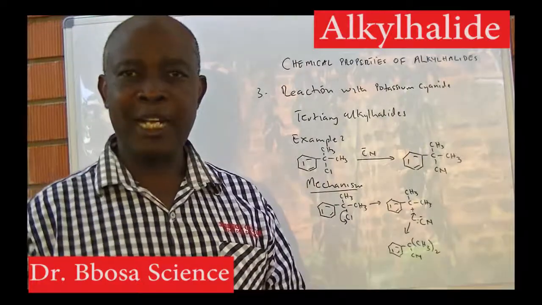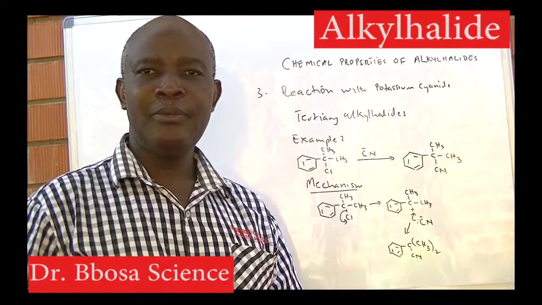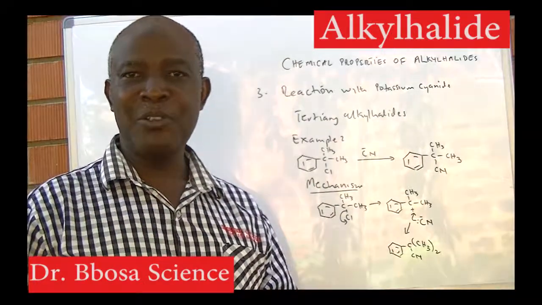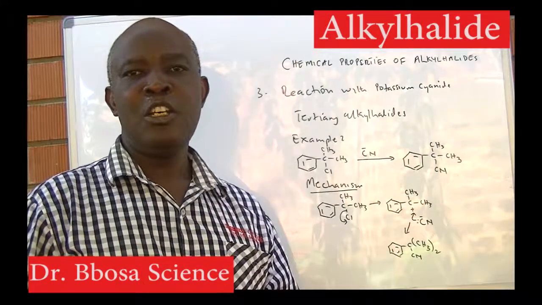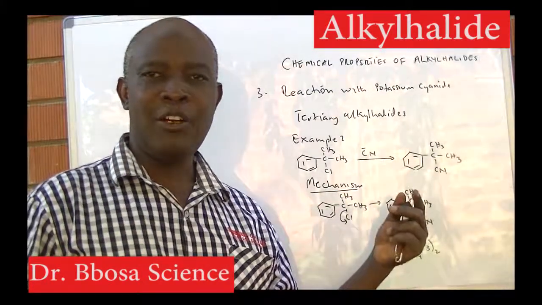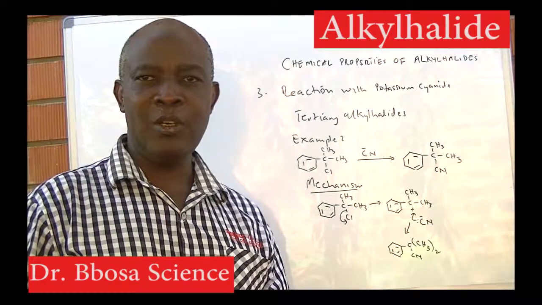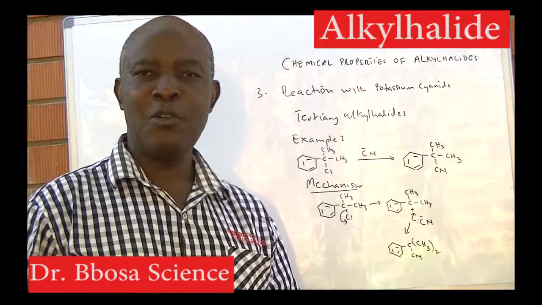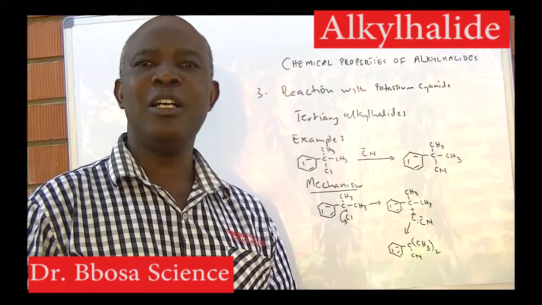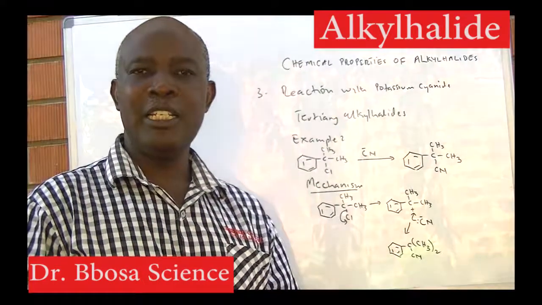By repeating these mechanisms over and over, you get them. So through practice, you'll be able to know whether a compound undergoes SN1 or SN2. Watch this video over and over to get sense out of it.